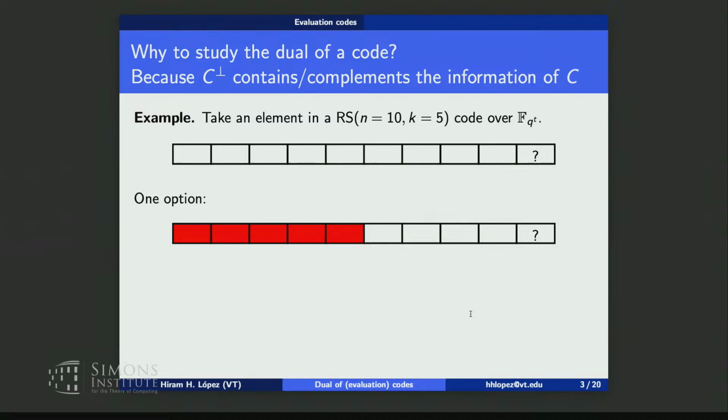And imagine that we have an extension of degree 8, so in other words, every entry represents a byte. What this problem is saying is that if you lost one entry, you need to download 5 bytes.